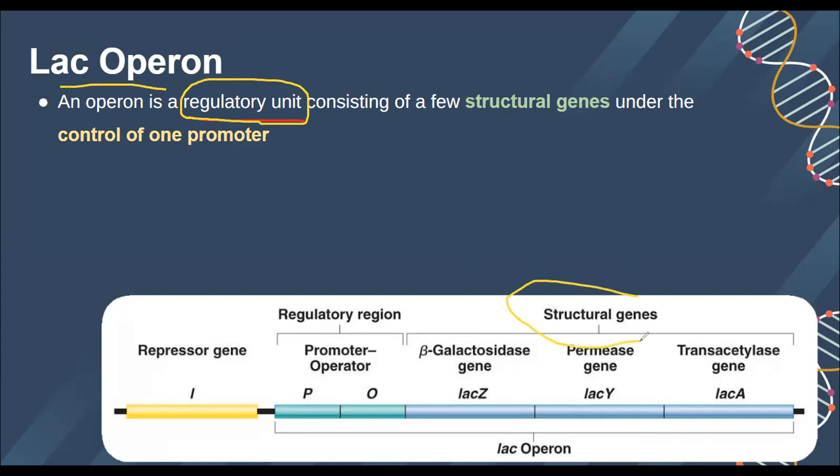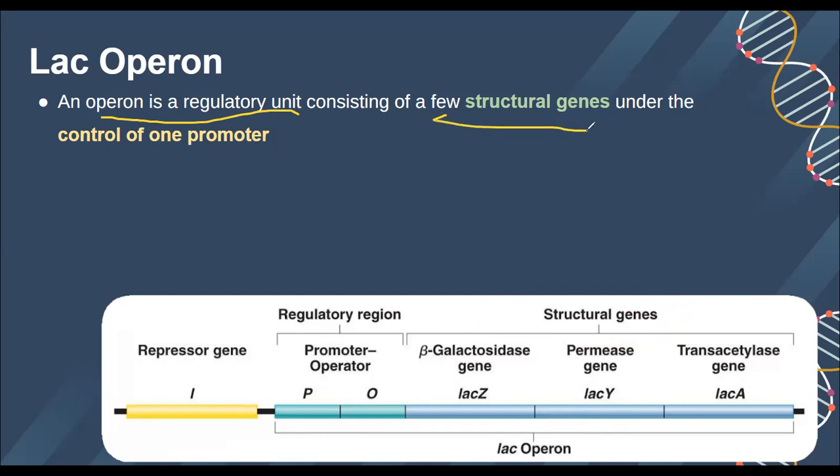When are the genes of lactose required? Then they will be transcribed. When they are not required, the gene has to be off. So this on and off mechanism is the regulation. This gene will automatically regulate itself. It will turn on and off depending upon its requirement. So an operon is basically a regulatory unit.